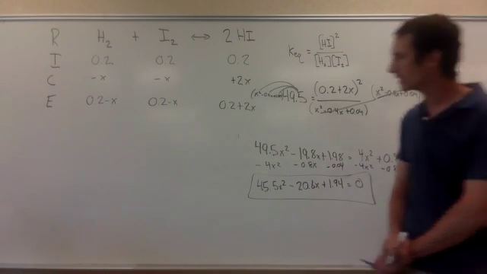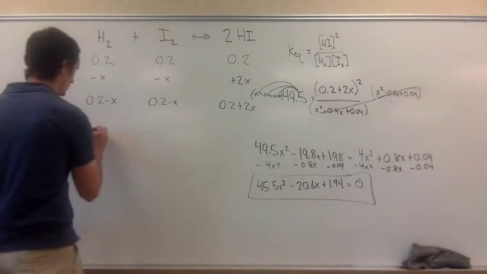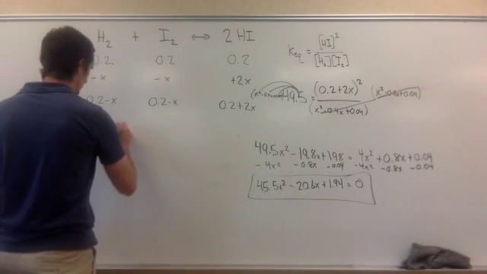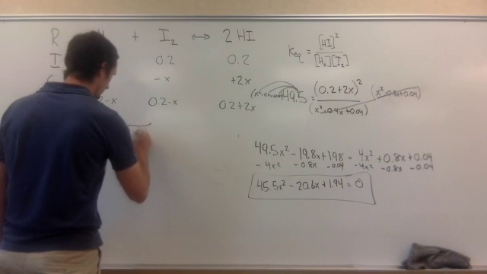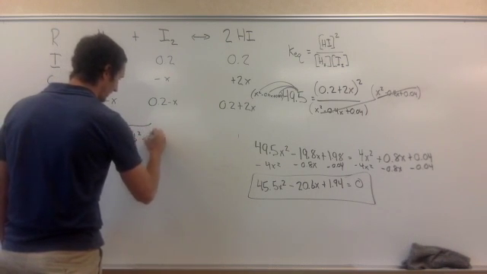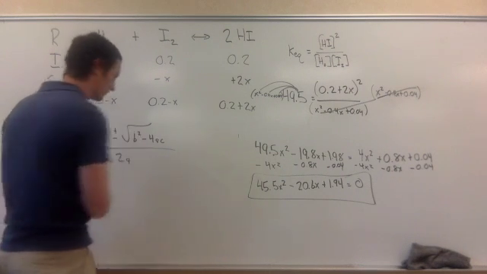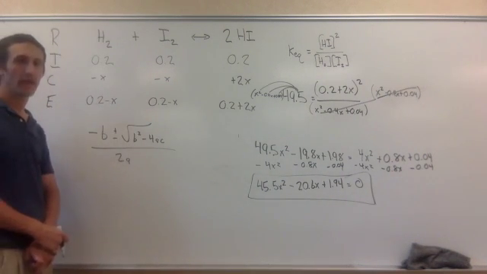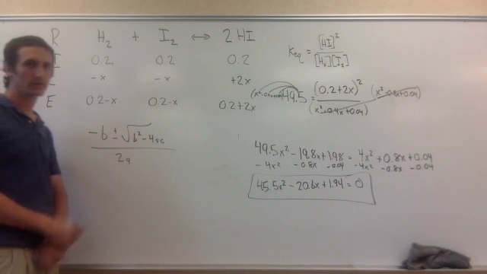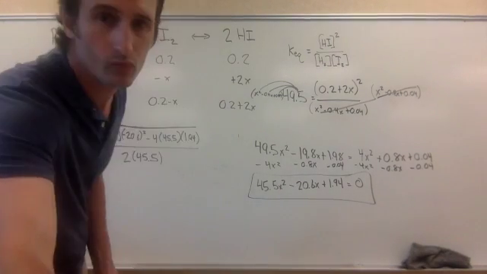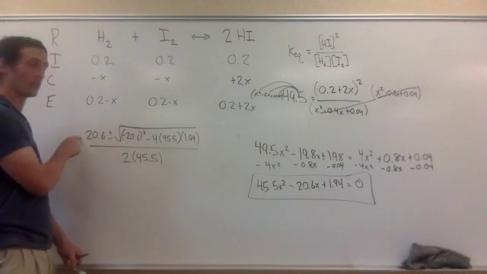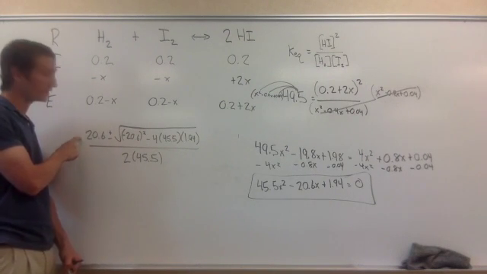You can use the good old-fashioned negative b plus or minus the square root of b squared minus 4ac divided by 2a. You can do that. You want to see what that looks like? Plug it into your quadratic, right?